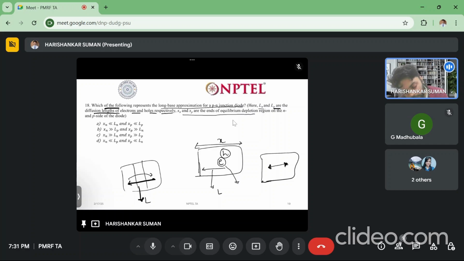Which of the following represents the long base approximation for a PN junction diode? So now option B is correct, but what is this? Let's understand. Xn and Xp are the ends of the equilibrium depletion region.